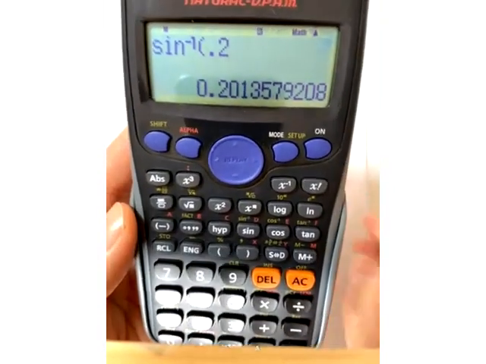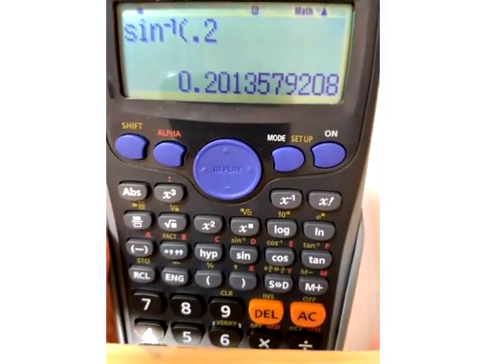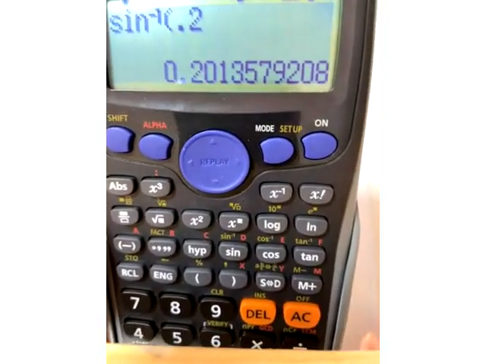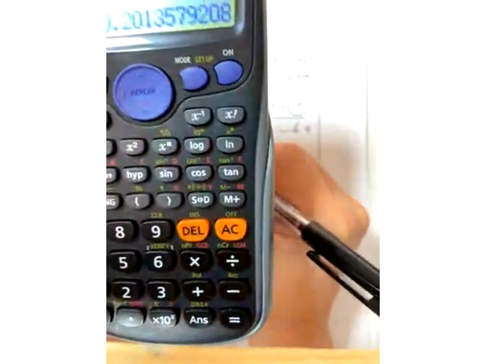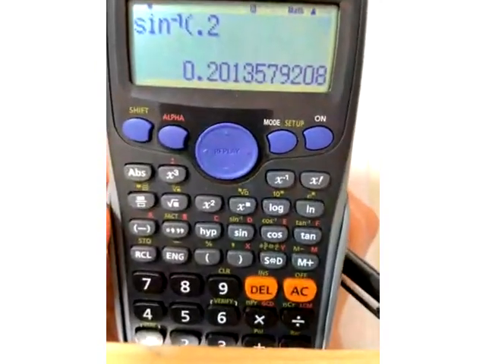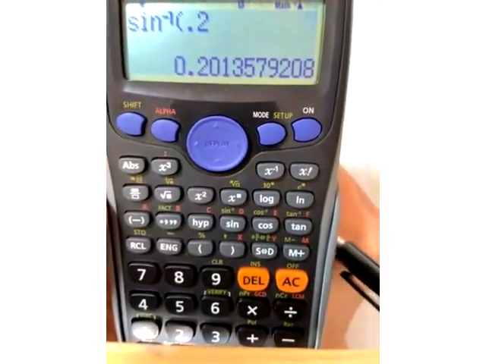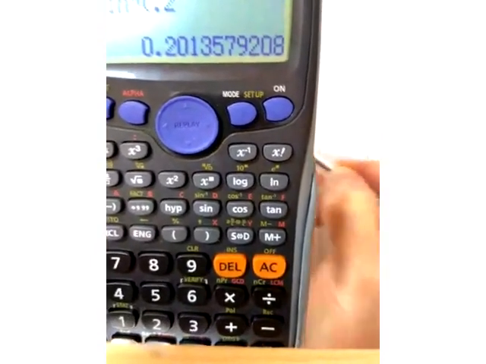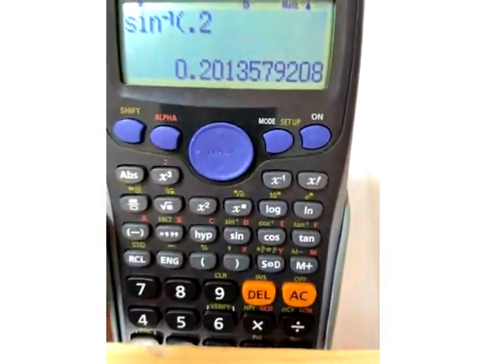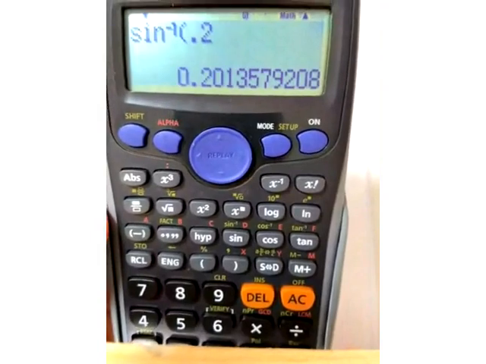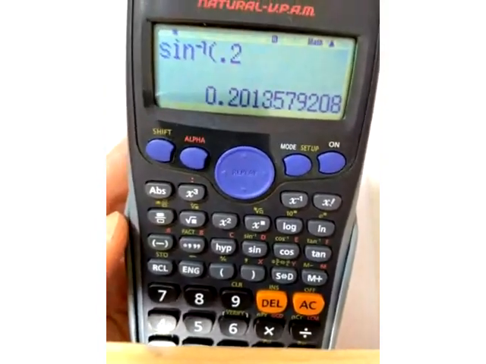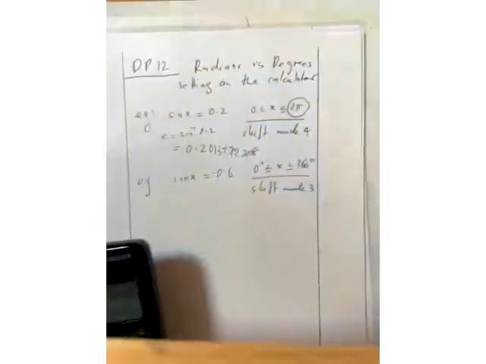There you can see that answer is in radians. So that answer is 0.13579208. I'm relying on the screen to read that, by the way, because I'm holding this. This is quite a complicated process, holding this in the camera.